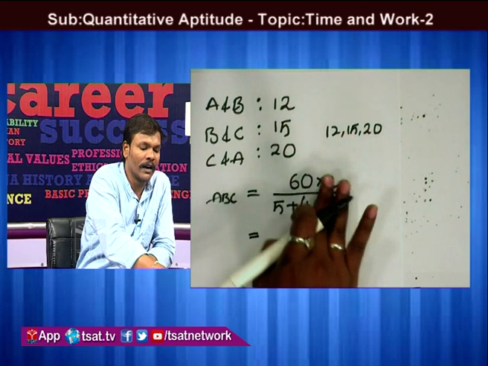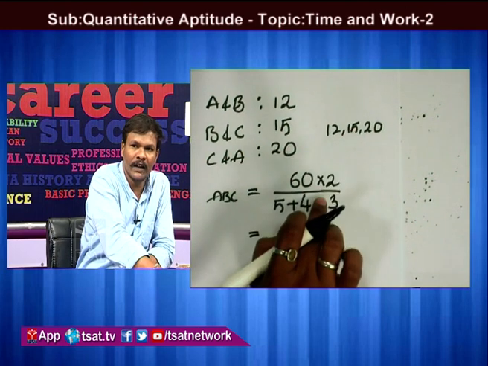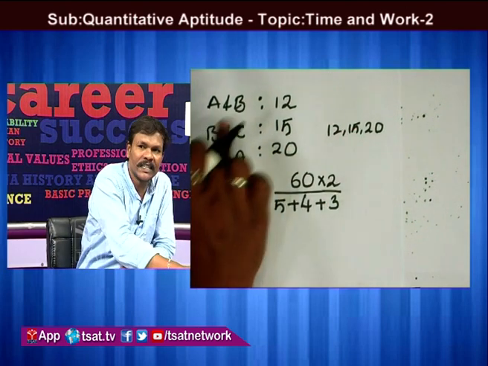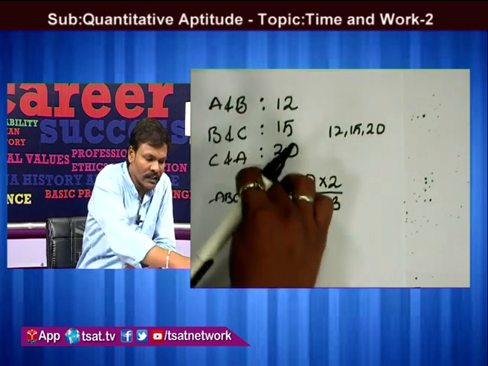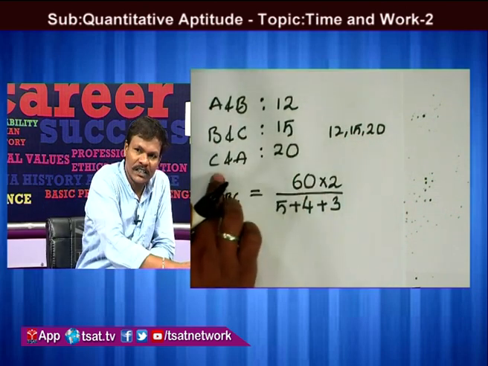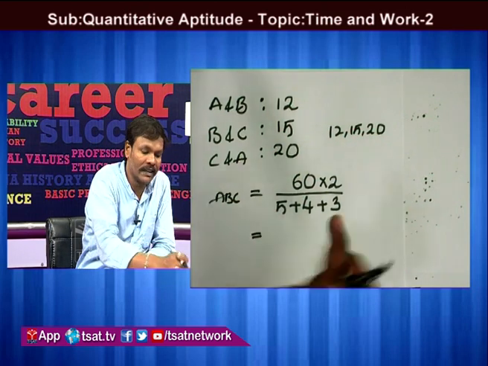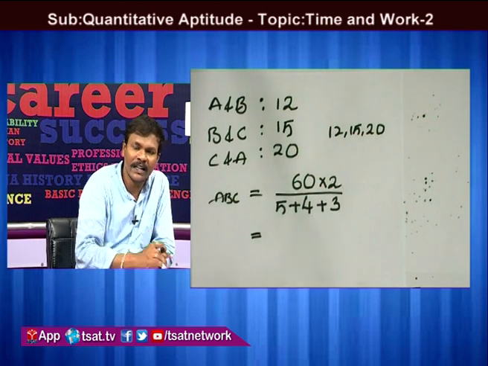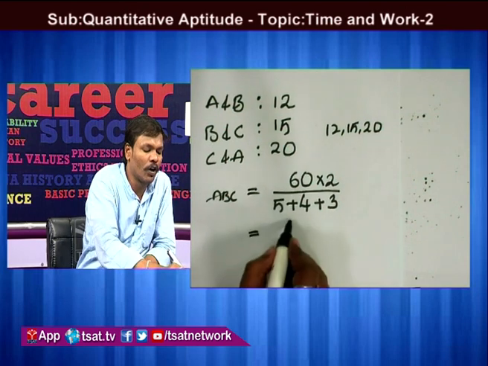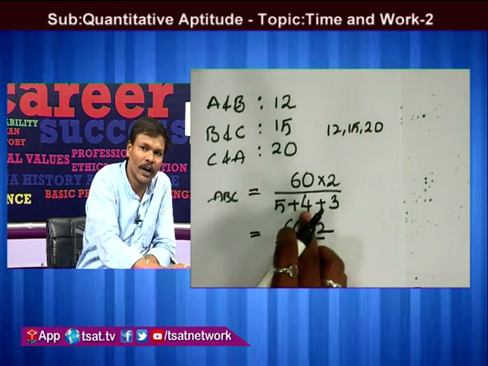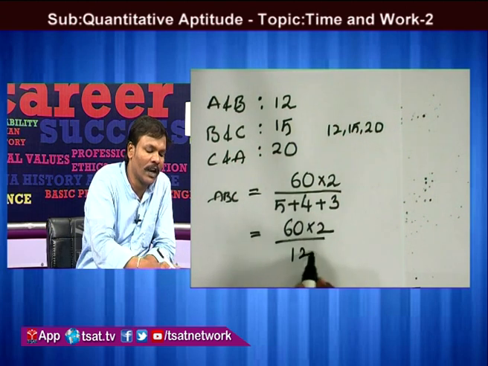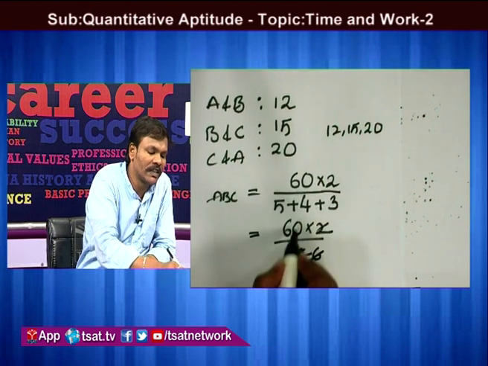In the before model there is no 2, in this model there is a 2, because in each case we have 2 persons. All together 2 A's, 2 B's, 2 C's, every person is twice, so you multiply by 2. So 60 into 2 by 5 plus 4 is 9, 9 plus 3 is 12, 2 sixes are 12, 10.